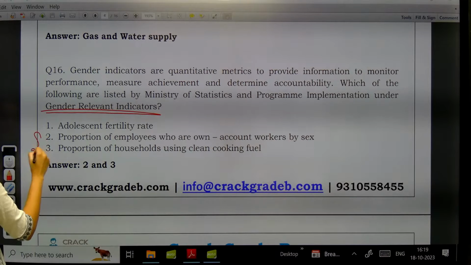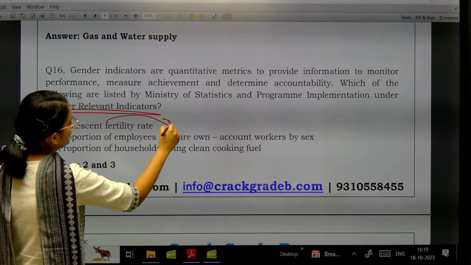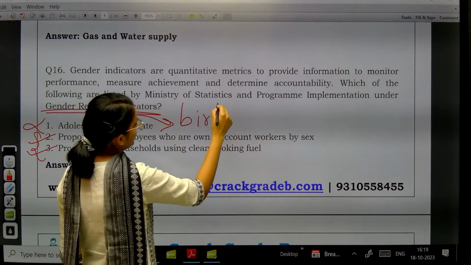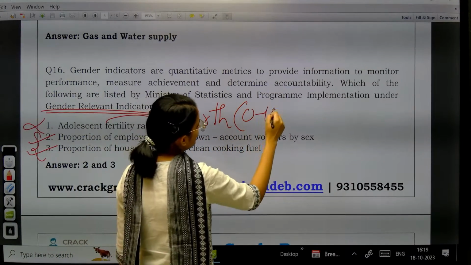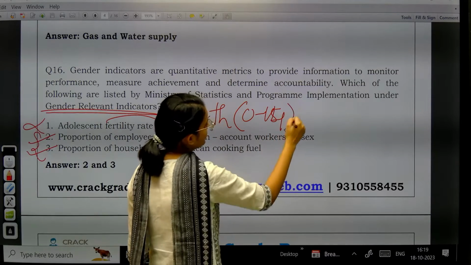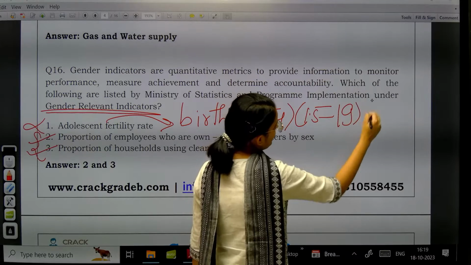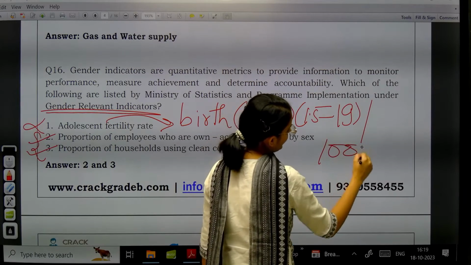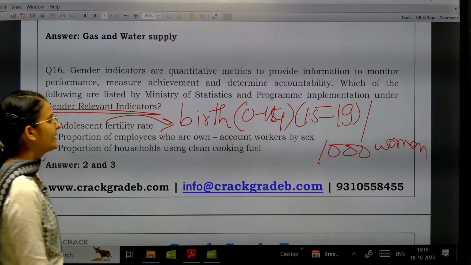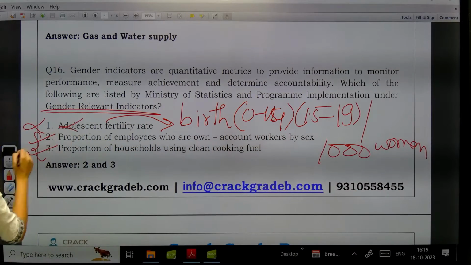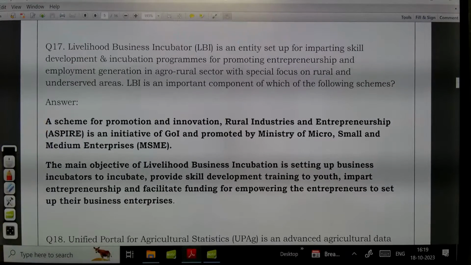So these two are correct. This one is not correct because this is not fertility rate, it is birth rate, from age 0 to 14 and then 15 to 19 per 1000 women in that age group. Okay, so it is birth rate and not fertility rate. That's why the statement is wrong. Moving on to the next question.